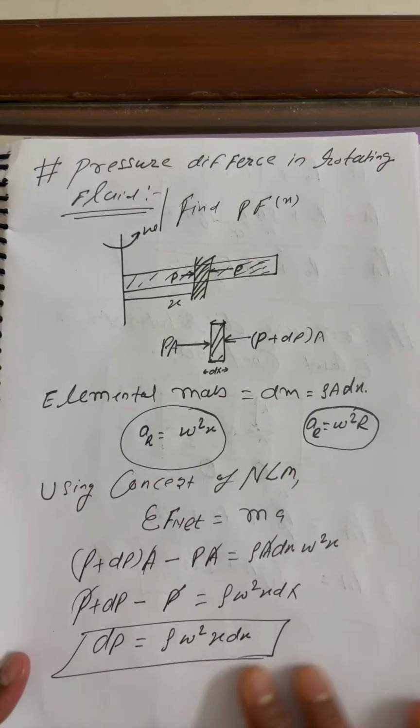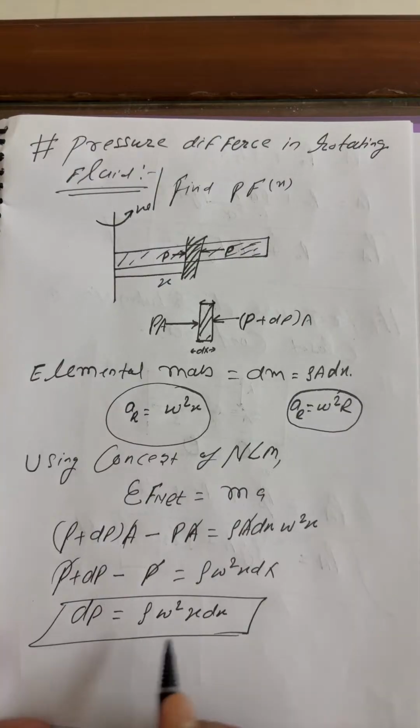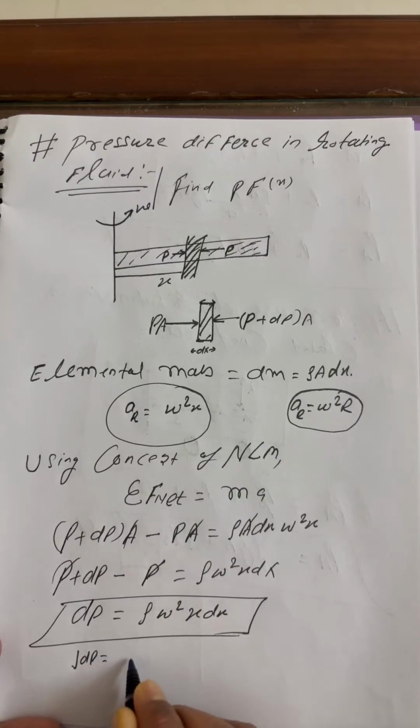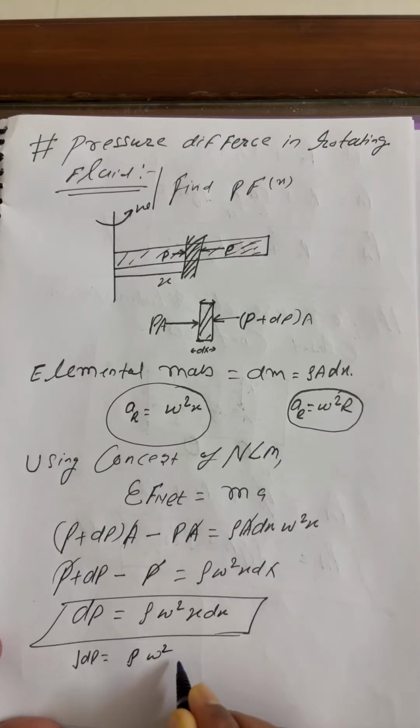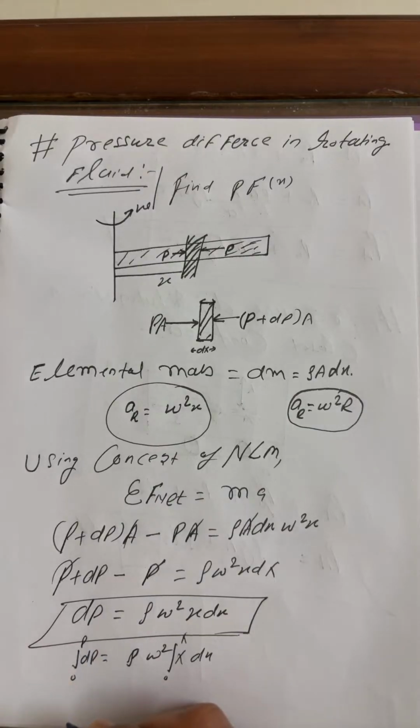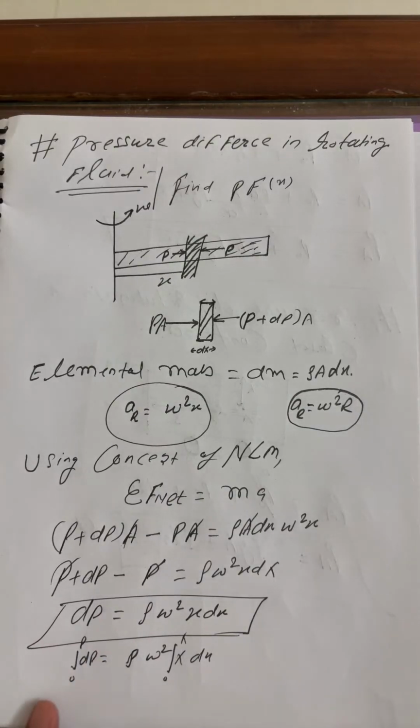So just integrate both sides: dP is equal to rho into omega square x into dx, integrating from 0 to x and 0 to P.